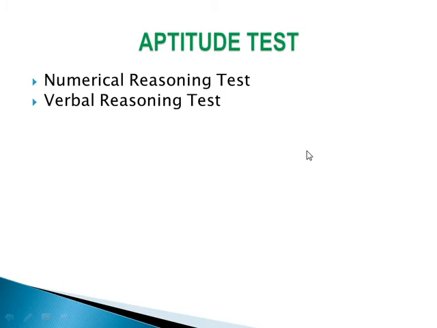It measures the candidate's ability to comprehend written text and to arrive at a conclusion from it. Next is the inductive reasoning test. This psychometric test measures problem-solving abilities and the ability to apply logical reasoning.